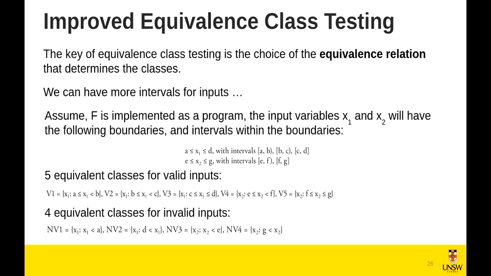And for invalid inputs, we could have 4 equivalent classes: x1 is smaller than a, or x1 is larger than d, and x2 is smaller than e, or x2 is larger than g. So in total we have 9 equivalent classes, including both valid and invalid ones.